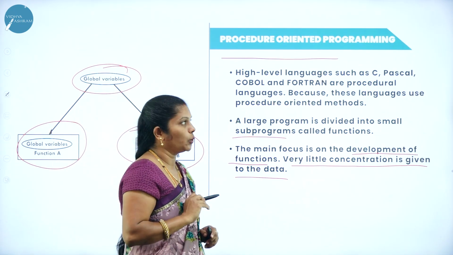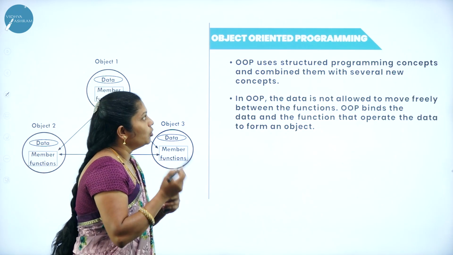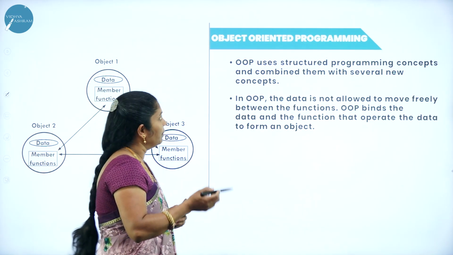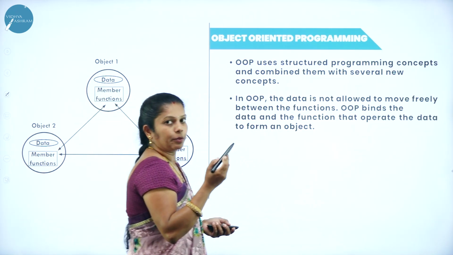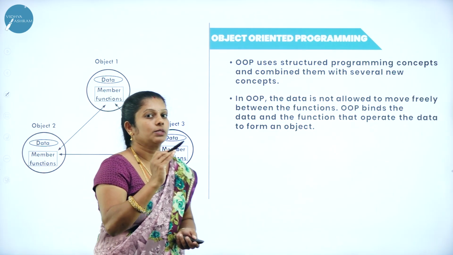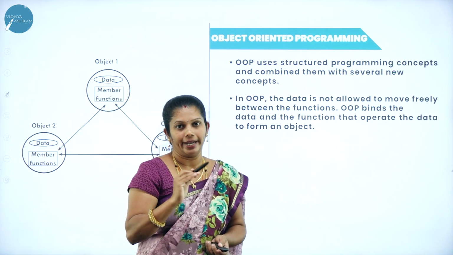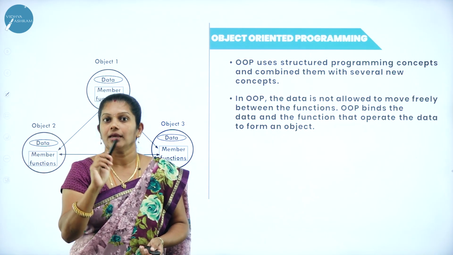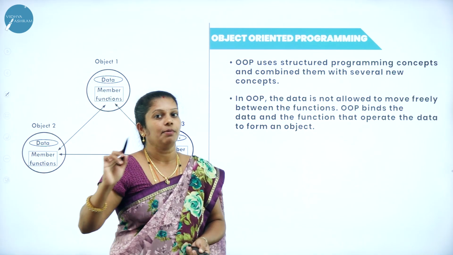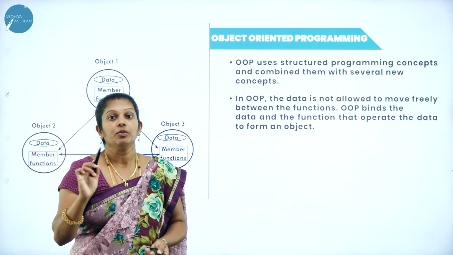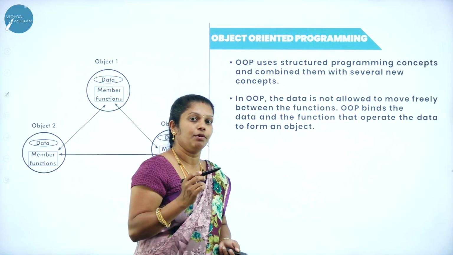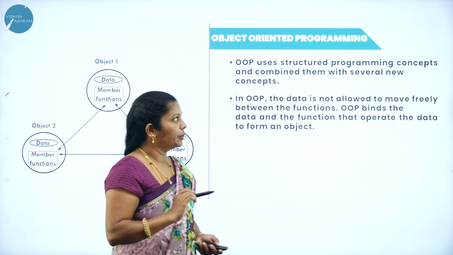Whereas in object-oriented programming, OOPs is the example for object-oriented. C programming is procedural-oriented, while C++ and C# are examples of object-oriented programming.